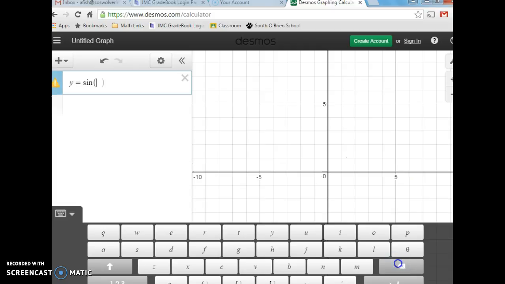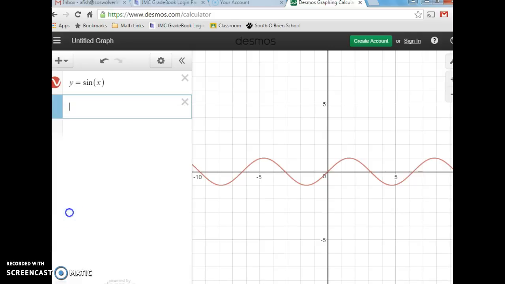Okay, and we had this graph. We started at 0, 0. Our period length here was 2 pi. So we're going to talk about what exactly is a period length, what is an amplitude, and all of that good stuff, because what happens if it changes?